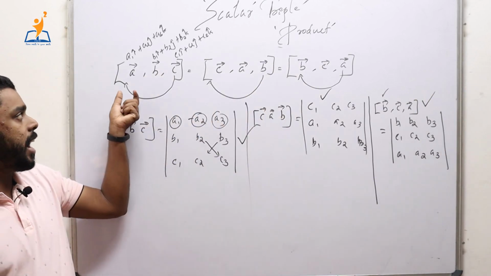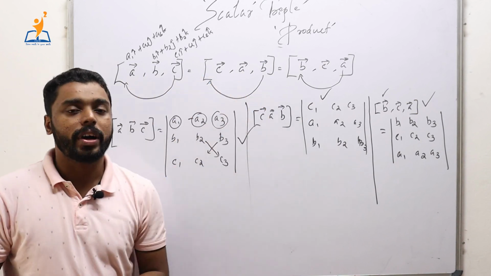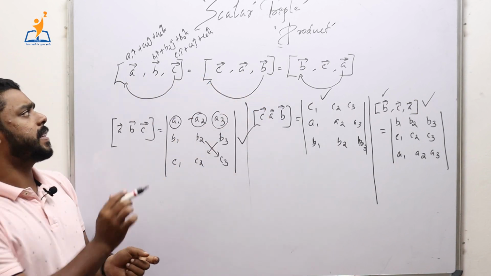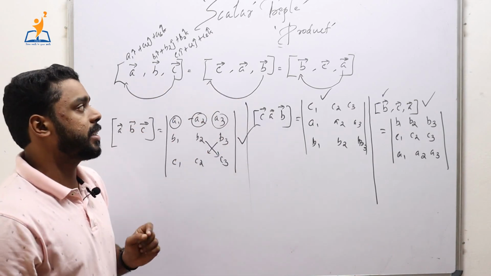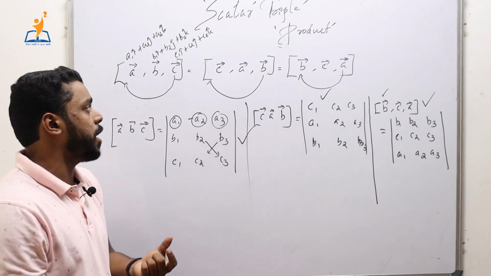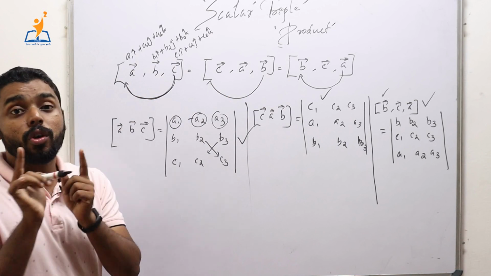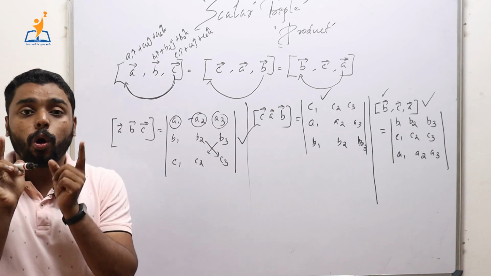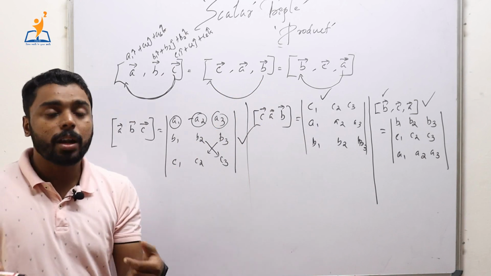So we can say that the cyclic permutation is always possible. Always remember that whenever we are given 3 box products like this, these 3 box products are actually the same because a cyclic permutation is available here. Always remember that these box products are the same for cyclic change only.